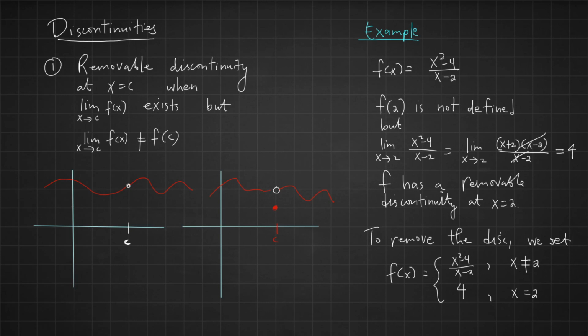For essential discontinuities, the limit does not exist. Essential discontinuity at x equals c if the limit as x approaches c ng f of x does not exist. So, kailan to mangyayari? The limit will not exist if yung limit from the left is not equal to the limit from the right, or when the limit is either positive or negative infinity.